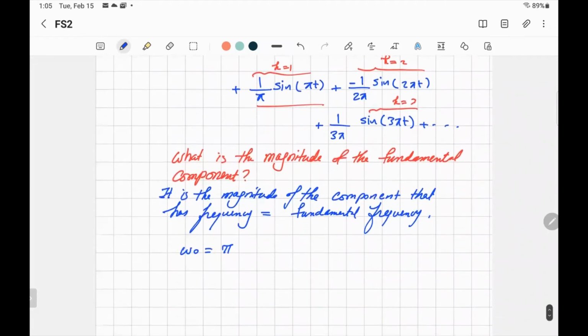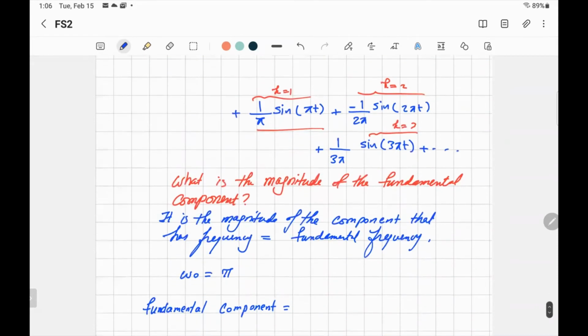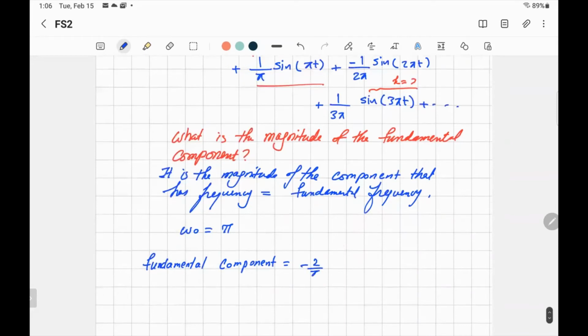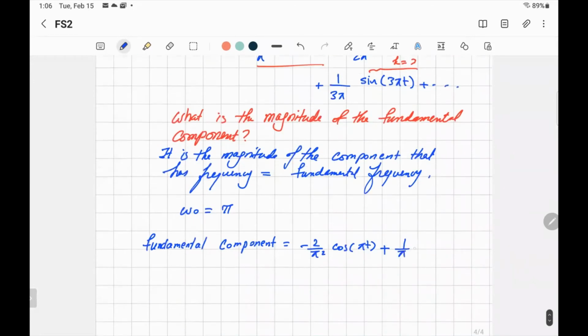So the fundamental component in this case is -2 over pi squared cosine pi t plus 1 over pi sine pi t. In this case, that's A1 and this is B1.